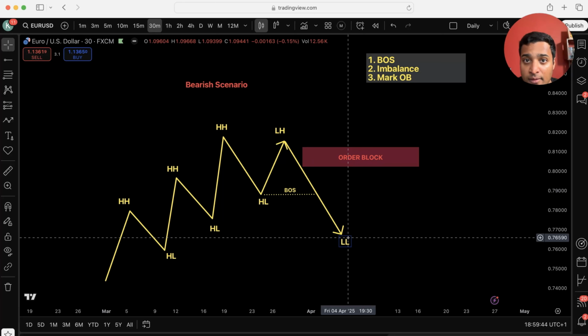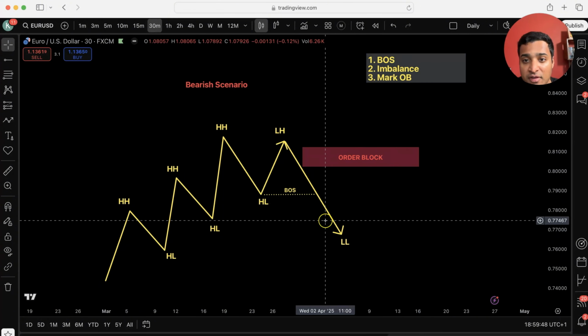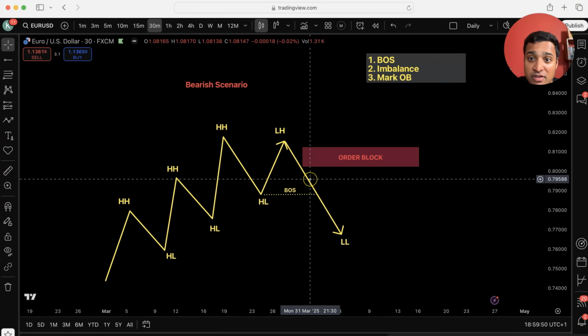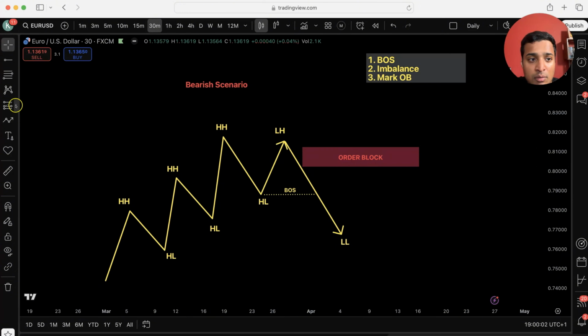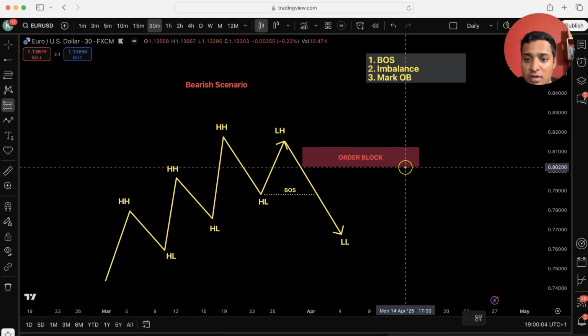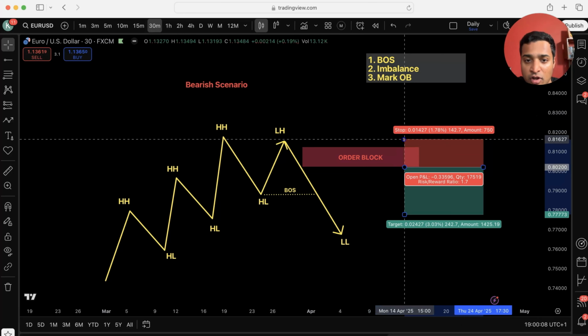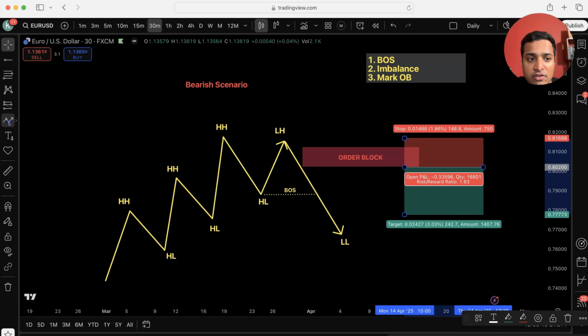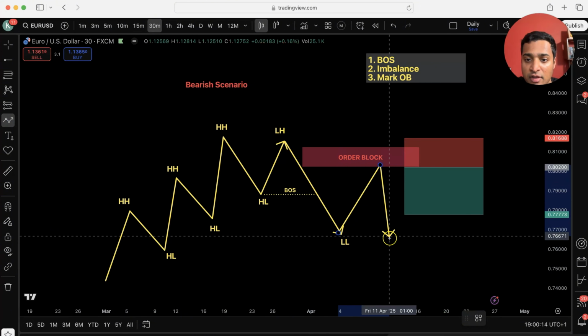Like before, we would start by looking for a break of structure, which we have, then an imbalance, and then after, mark the order block. For actually entering the trade, we would put a limit entry at the bottom of the order block, stop loss above the structural high, and we would wait for price to come back to the order block and fill in our entry.